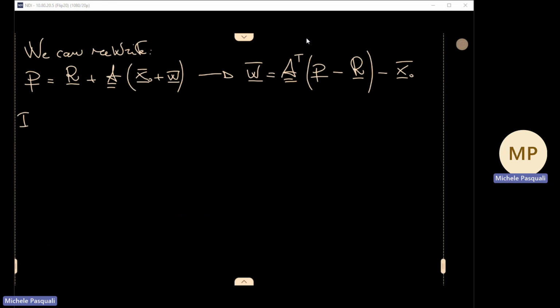Now, the matrix A, we have it, no? Because it's a typical rotation matrix in the 2D case. So it's cosine of theta, minus sine of theta, sine of theta, and cosine of theta.